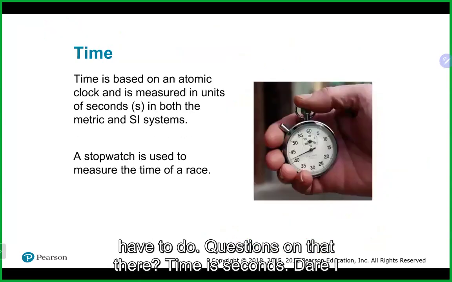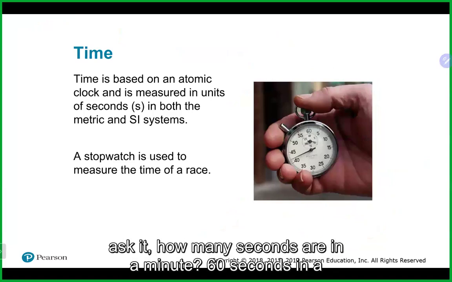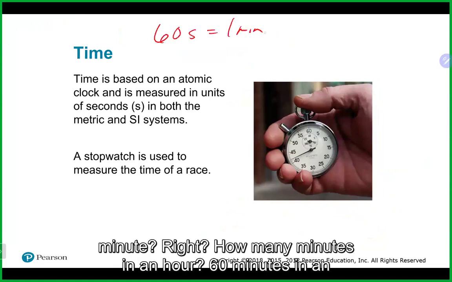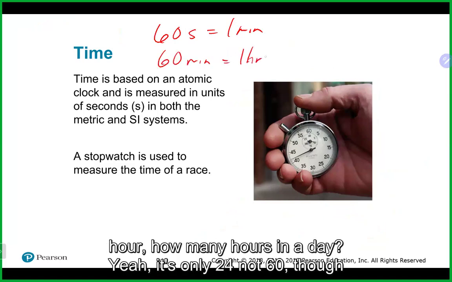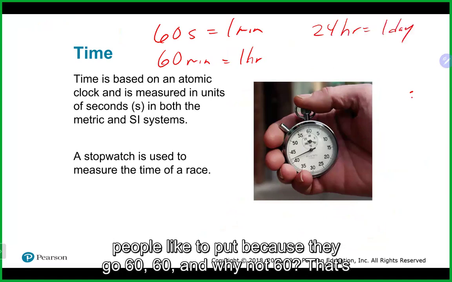Time is seconds. Dare I ask it? How many seconds are in a minute? 60 seconds in a minute, right? How many minutes in an hour? 60 minutes in an hour. How many hours in a day? Yeah, it's only 24. Not 60, which people like to put because they go 60, 60, and why not 60?